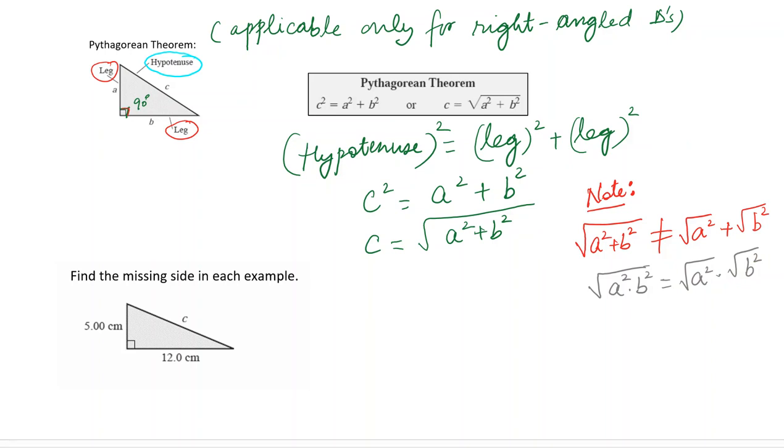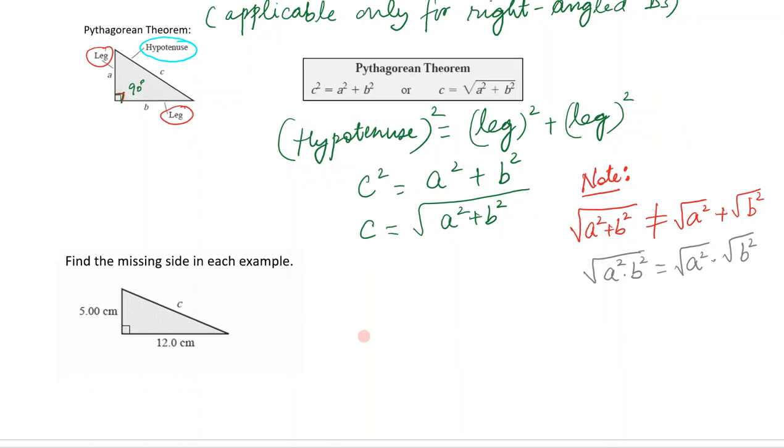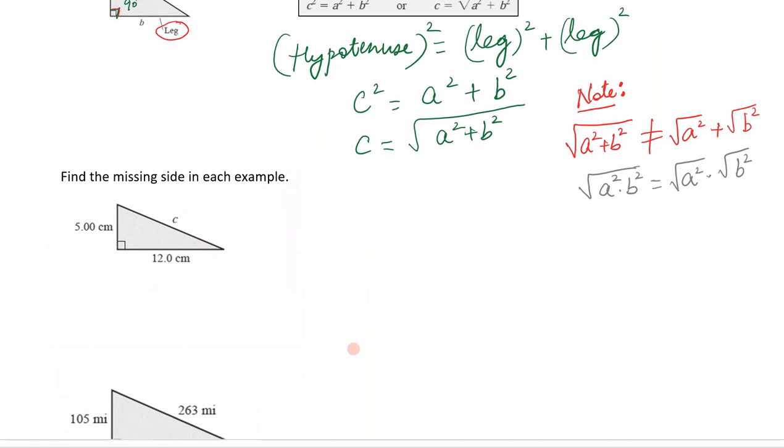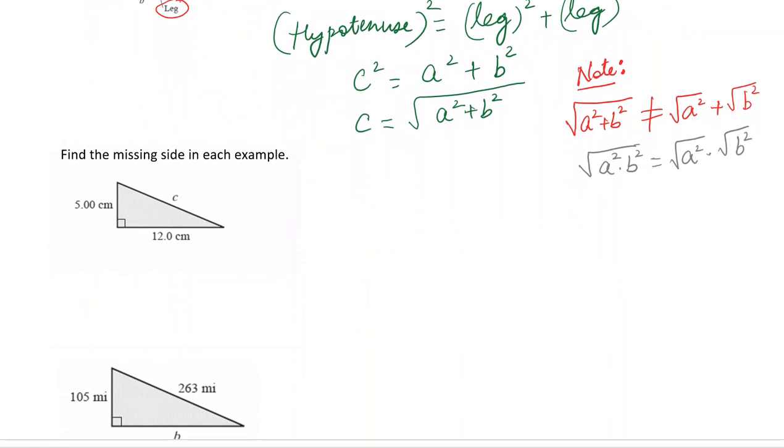Alright, now we're going to do some problems in which we are given the sides and we have to find the missing side. So let's take a look at this example. Find the missing side in each example. First we have a few things that we notice when we start the problem.